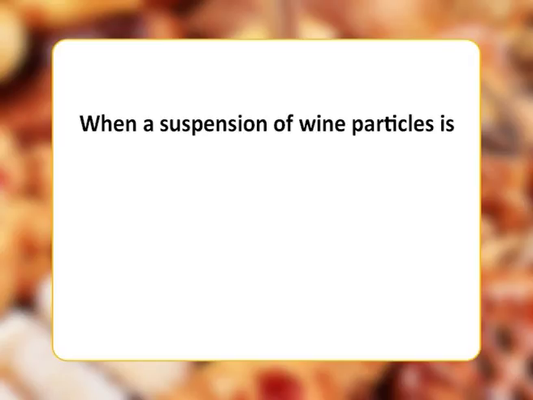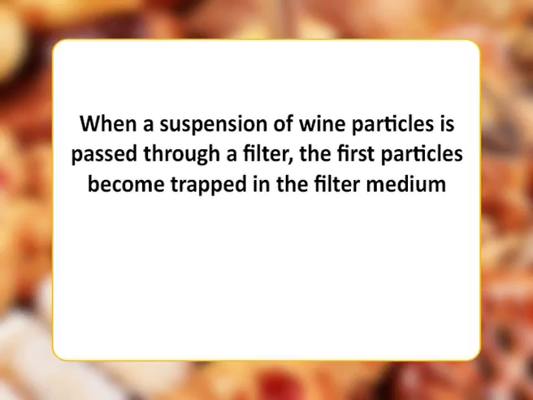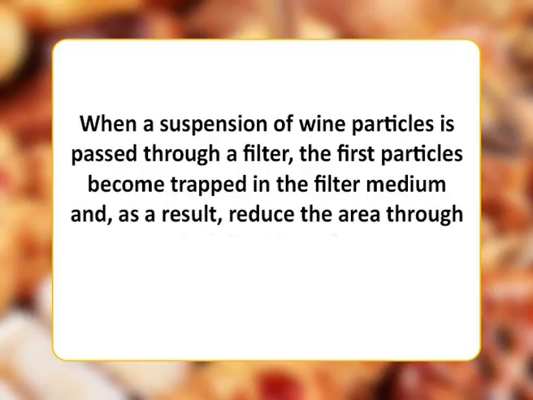When a suspension of fine particles is passed through a filter, the first particles become trapped in the filter medium and as a result that reduces the area through which the liquid can flow. This increases the resistance to fluid flow and a higher pressure difference is needed to maintain the flow rate of filtrate.